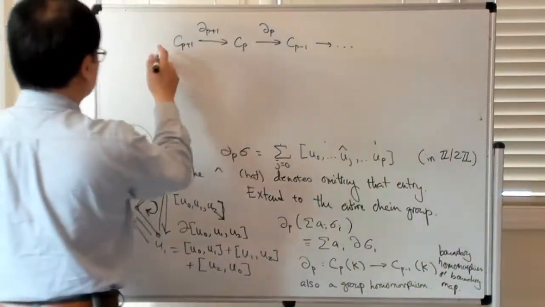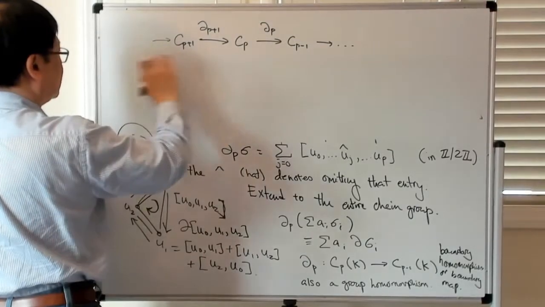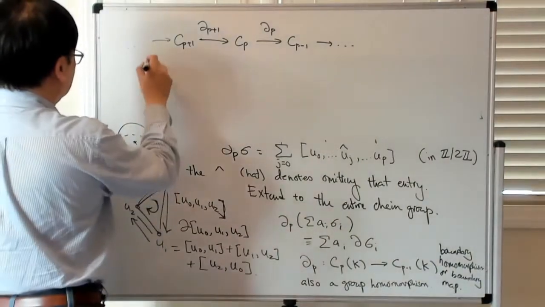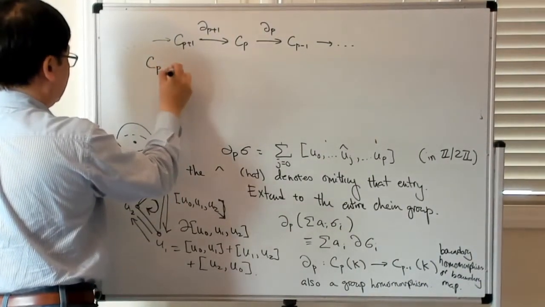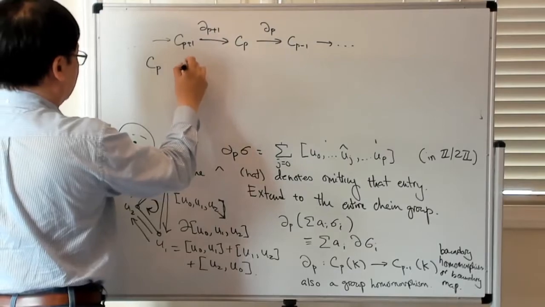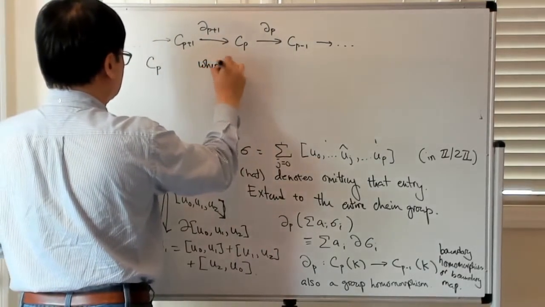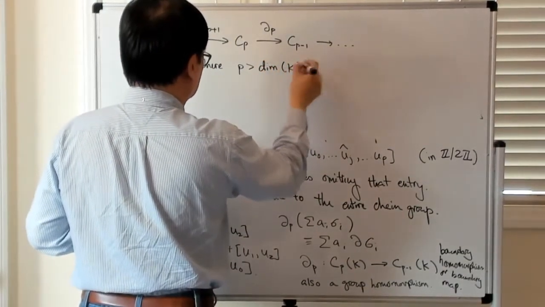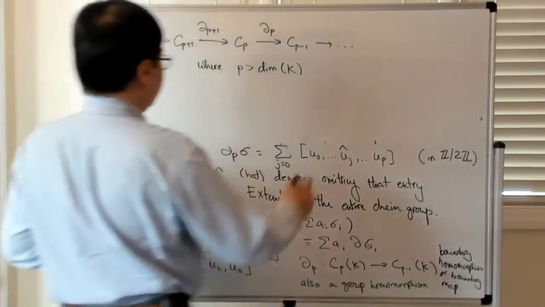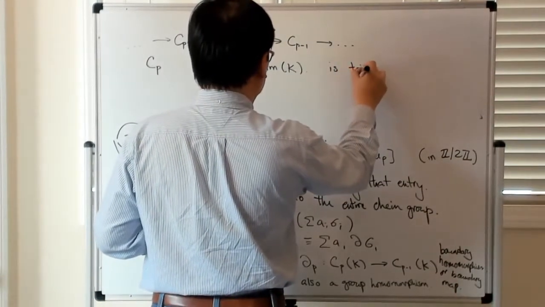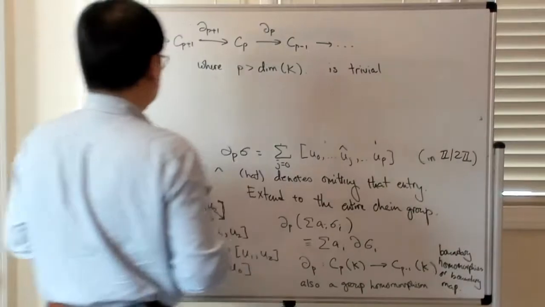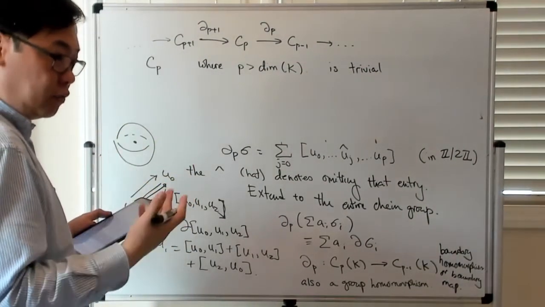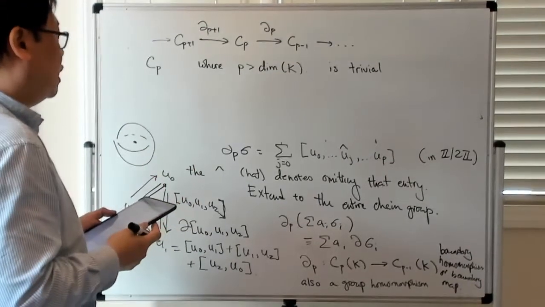Some observations: this sequence obviously terminates in some way, because you know that C_p, where p is greater than the dimension of the simplicial complex, is trivial. If there are no simplices of that dimension, then the p-chain group is trivial.